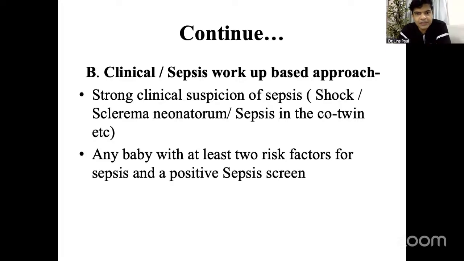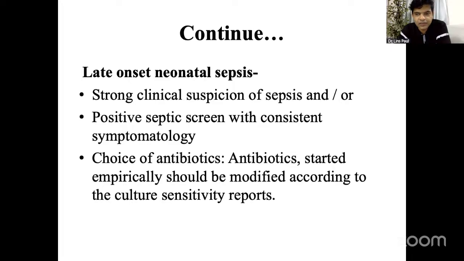And any baby with at least two risk factors and a positive sepsis screen, you should start on IV antibiotics. So these are the indications in early onset neonatal sepsis for antibiotics.